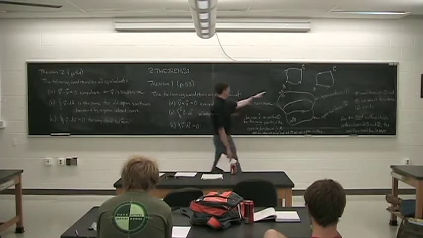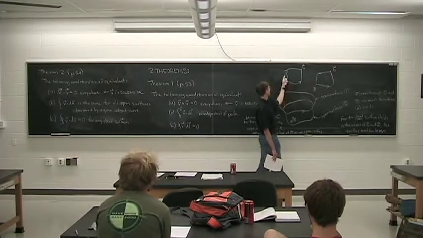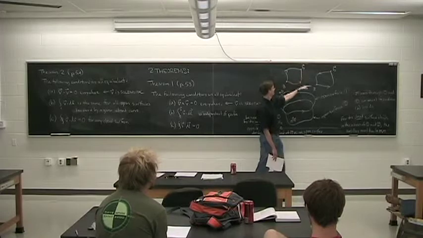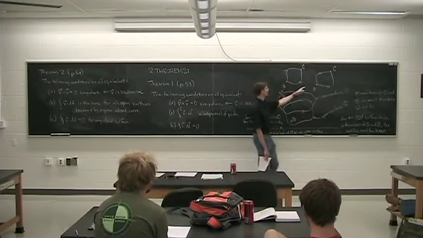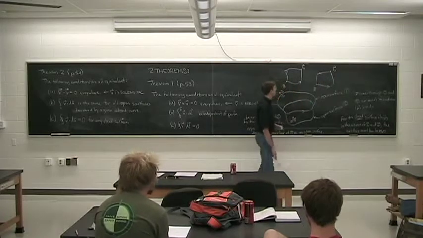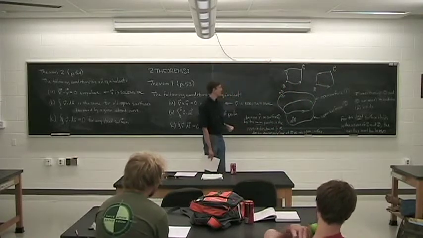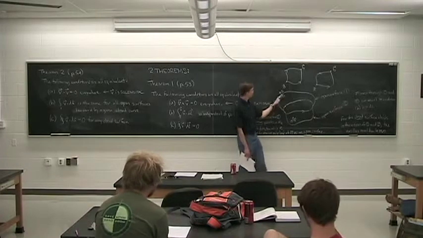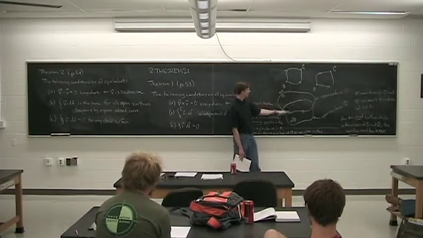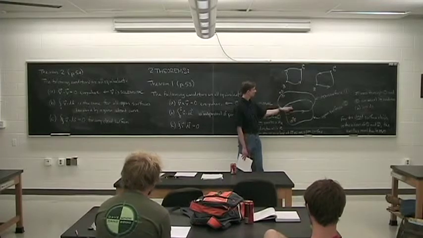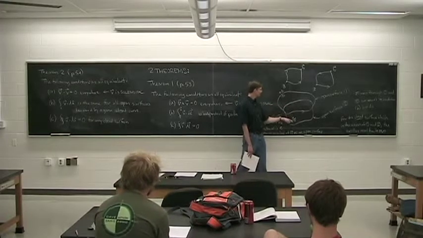Okay, so be sure you see the similarity here. Path independence implies the integral around a closed path is 0 because you have to reverse the direction of one of those 2 paths for the closed path. Surface independence for the flux means if you make a closed surface by putting 2 together, you have to flip the sign of n hat.